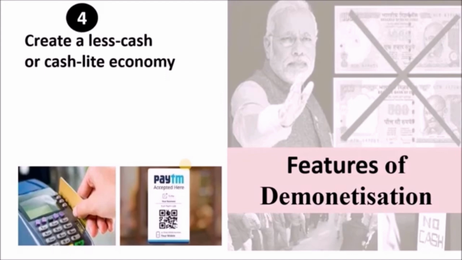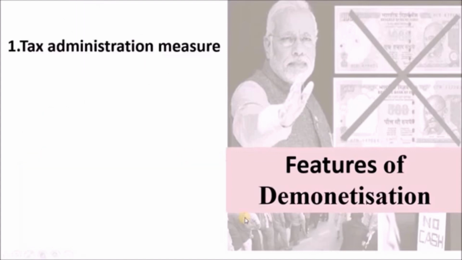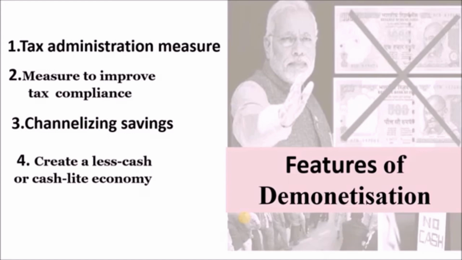Rather, they are using the digital mode of payments like mobile apps, mobile banking, debit card, credit cards. So we have done the 4 features. First is tax administrative measure. Second, a measure to improve the tax compliance. Third, channelizing saving. Fourth, create a less cash or a cash light economy.